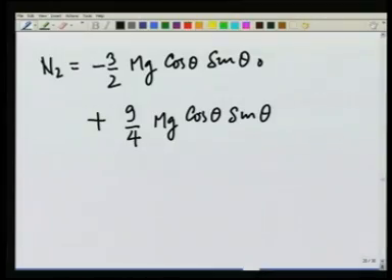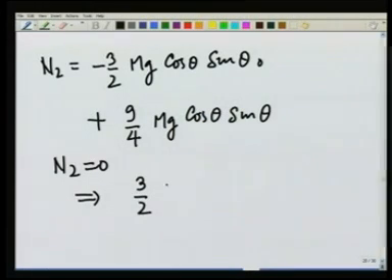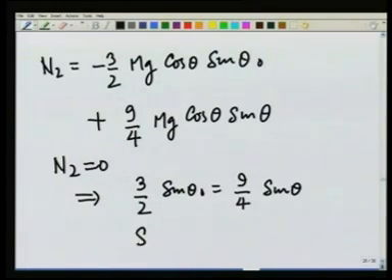At the point where the ladder leaves the wall, N2 is 0, and this gives me 3 over 2 sin theta 0 is equal to 9 over 4 sin theta, or sin theta equals 2/3 sin theta 0.